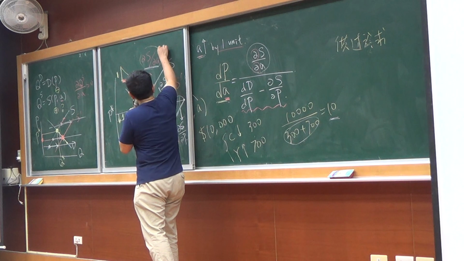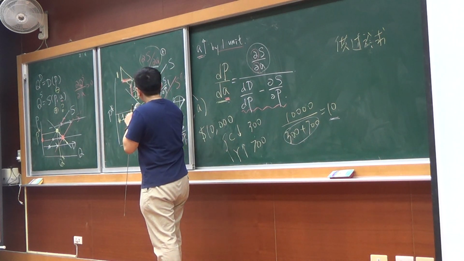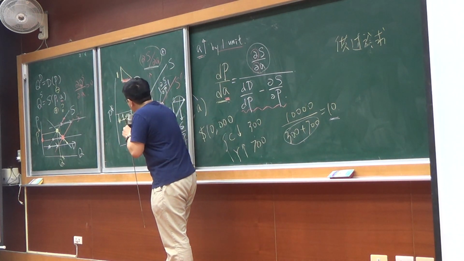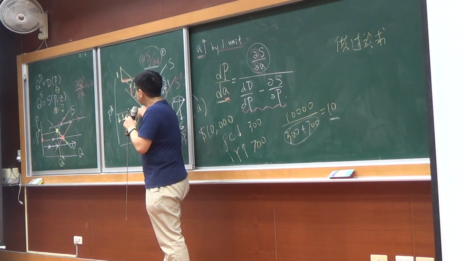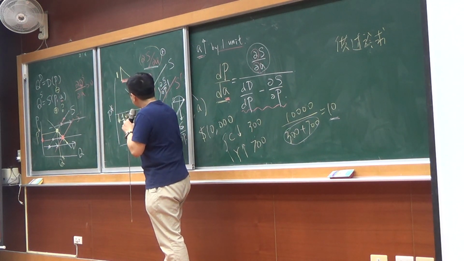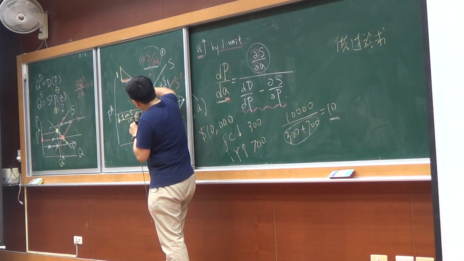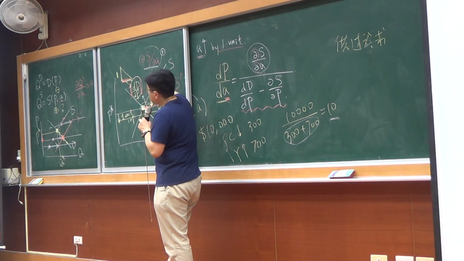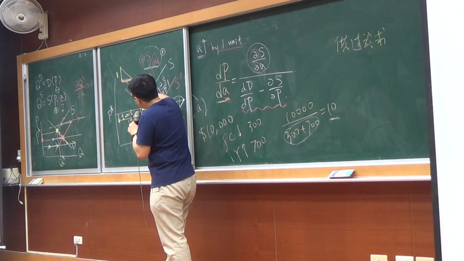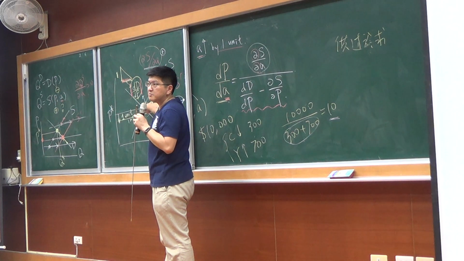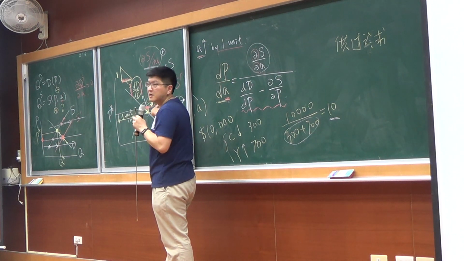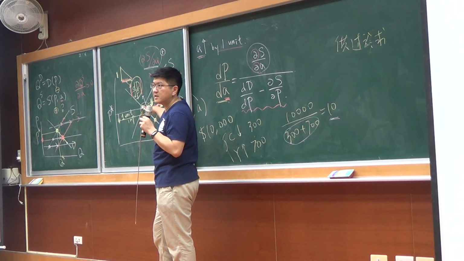For each unit decrease in P, you may return this and this. You increase the quantity demanded and you cut the quantity supplied.